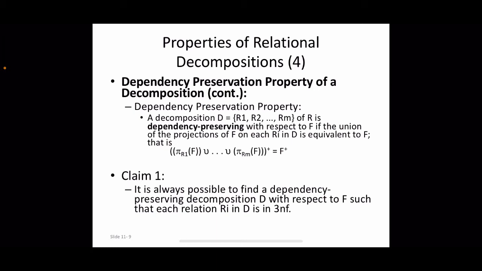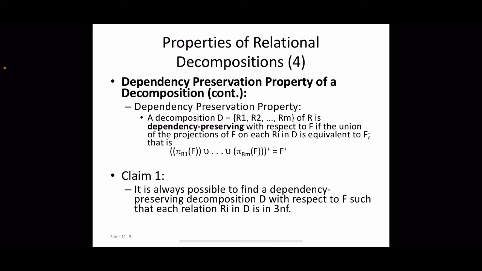And if you take the union of all these projections together, and if you take the closure of that, it should be the same as F closure. That is what we mean by equivalency. So projection closure is equal to F closure. If so, we can say that this decomposition is dependency preserving.